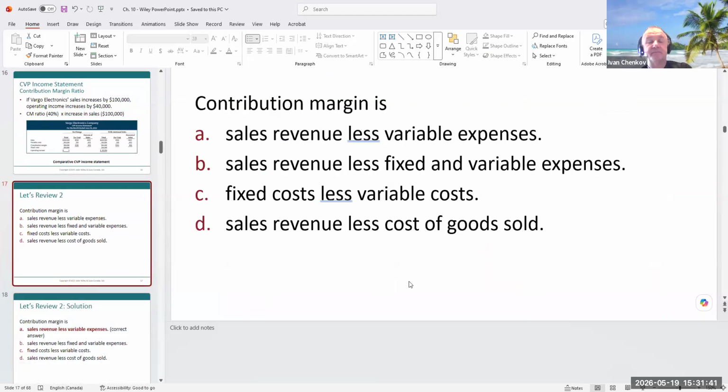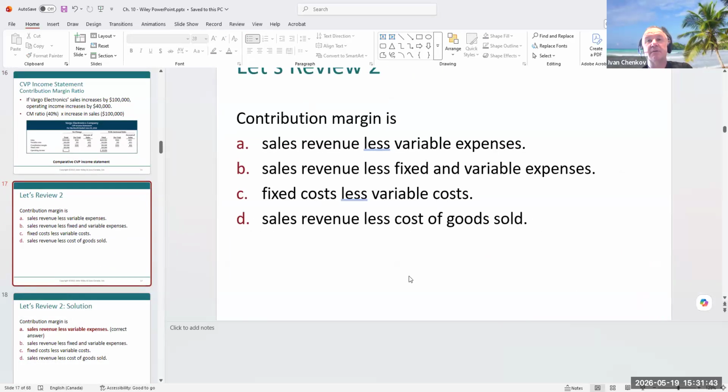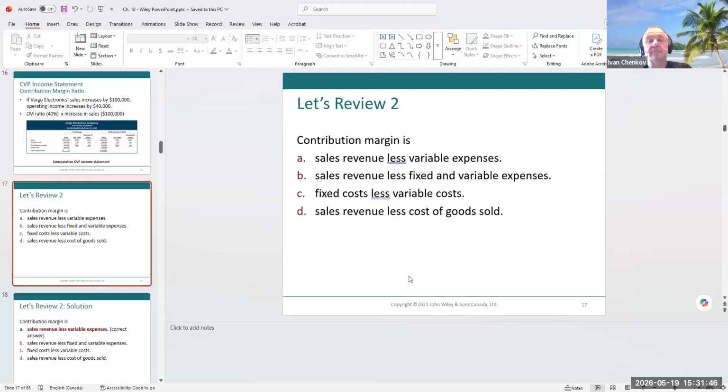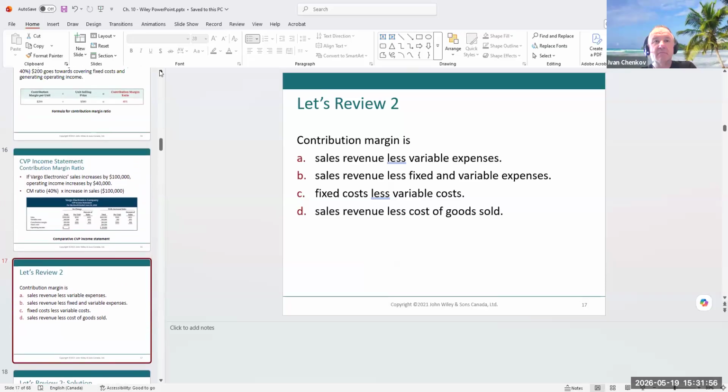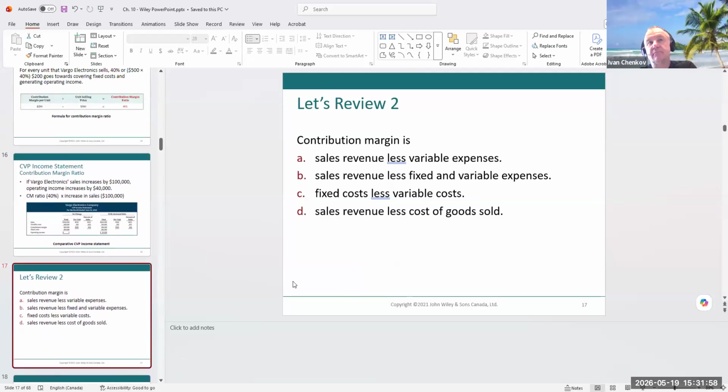So in that case, what is the contribution margin? What's the formula for the contribution margin now? Obviously, sales revenue less variable expenses. Now, how about sales revenue less fixed and variable expenses?